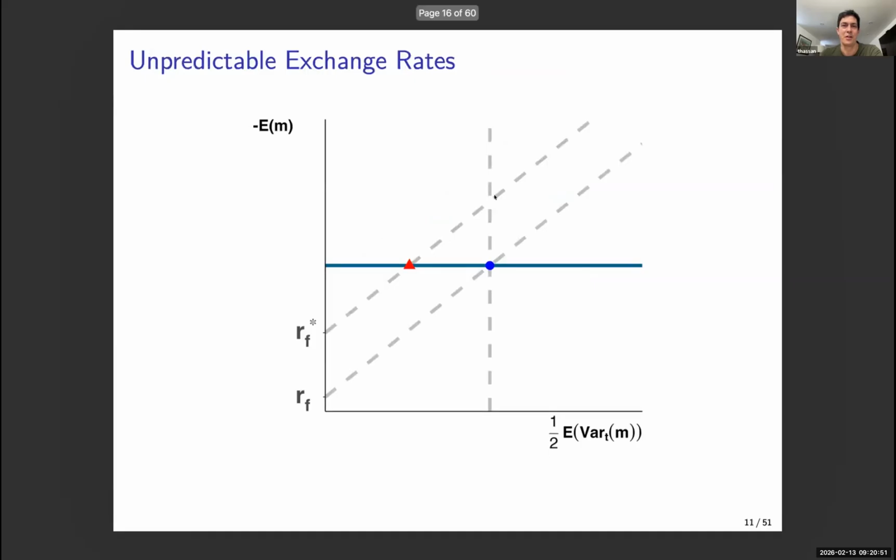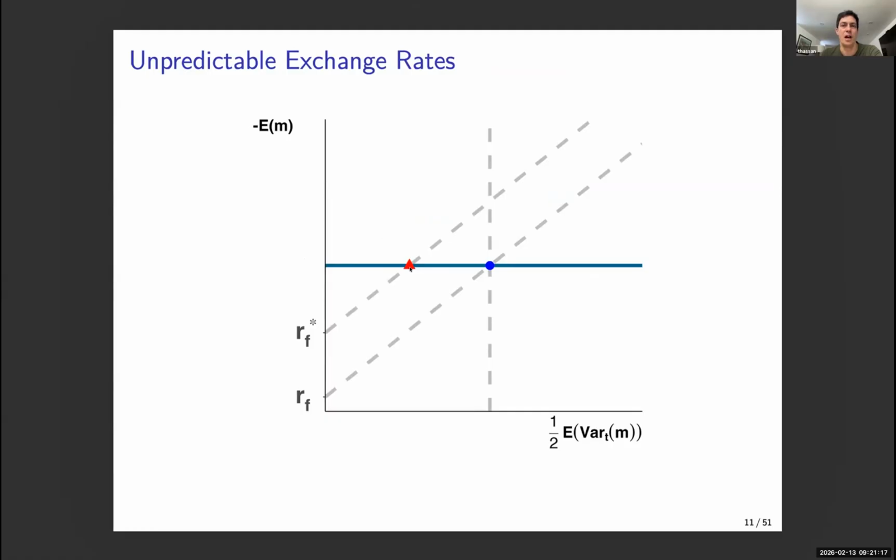All right, so now let's play with this a little bit. I can now house different models here. If exchange rates are unpredictable, then the two countries have to have the same E of M. In our example, if exchange rates are unpredictable and Japan has a lower interest rate than New Zealand, then this distance here is the profit from borrowing in Japan and lending in New Zealand.